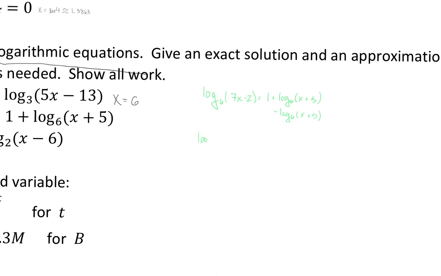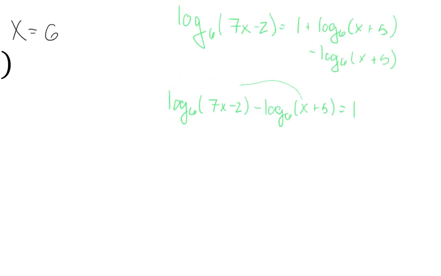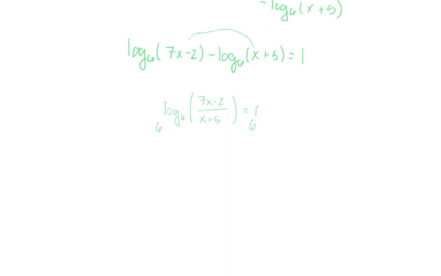So I have log 6 of 7x minus 2 minus log 6 of x plus 5 being equal to 1. These two logs can be combined by the subtraction to quotient rule. So that'll be log base 6 of 7x minus 2 over x plus 5 is equal to 1. Raising 6 to the power of both sides, this log will go away. So 7x minus 2 over x plus 5 equals 6.